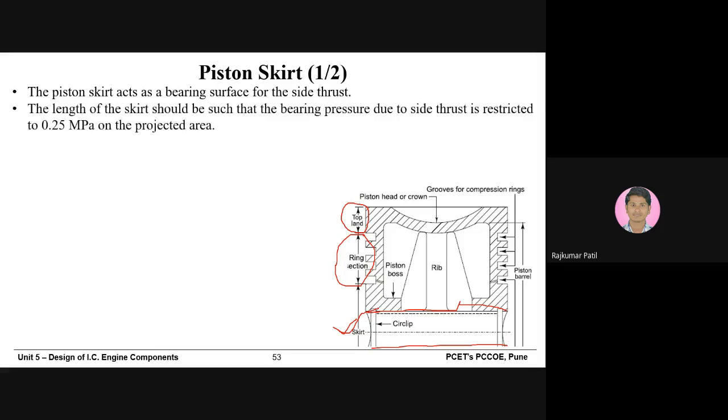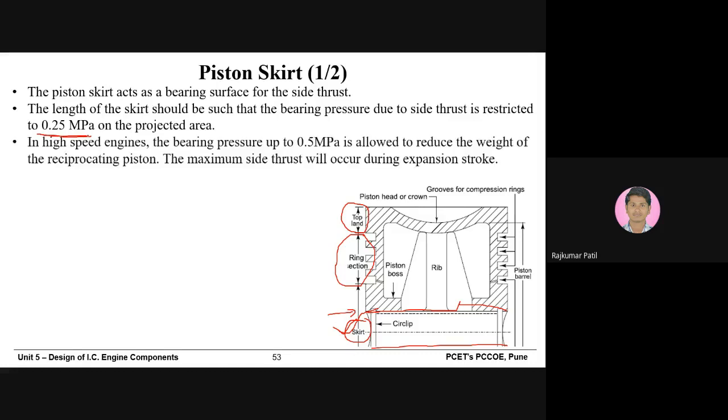The length of the skirt should be such that the bearing pressure due to side thrust is restricted to 0.25 megapascal on the projected area. So while calculating the length of the skirt, we need to make sure that the bearing pressure is restricted to 0.25 megapascal.